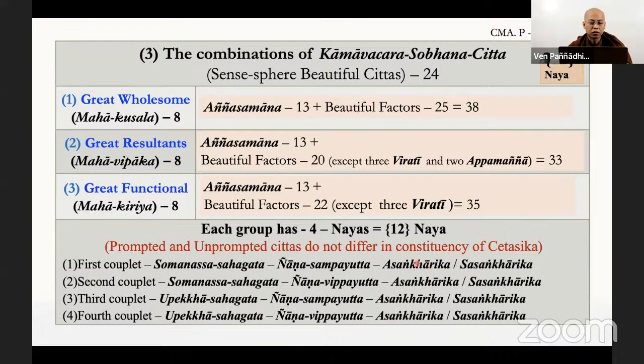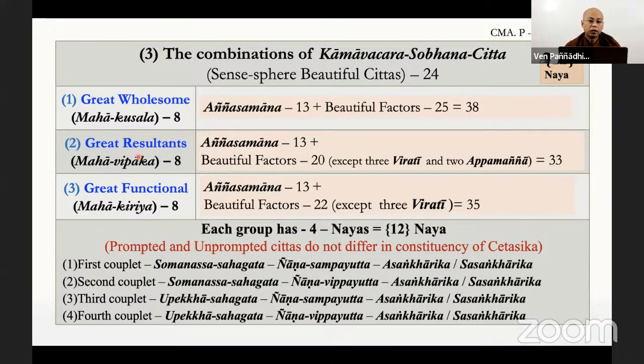The variation to make it 2 is the Asankharika and Sasankharika. Then the second couplet: still Somanassa Sahagata, the difference is Nana Vippayutta, dissociated from knowledge. And the third couplet changes the feeling: Upekkha Sahagata, Nana Sampayutta. And the fourth one is Upekkha Sahagata, but Nana Vippayutta. In this way, we need to keep in mind these 4 couplets to apply to all 3 groups: Mahakusala, Mahavipaka, and Mahakiriya.